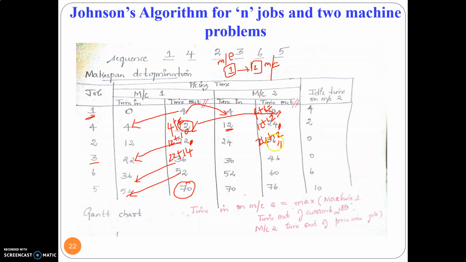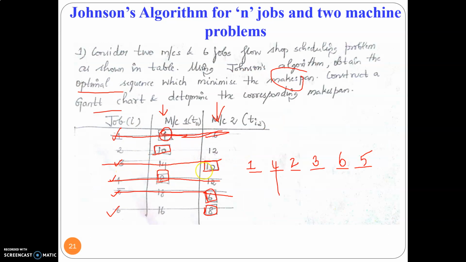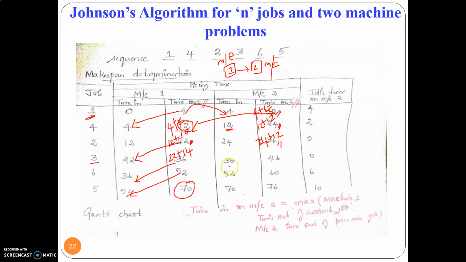So mission 2 is free at the end of the 36th minute. Okay, and at the end of the 36th minute, the next job, that is job 3, is also available after being processed in mission 1. So these two are the same, so I am writing 36. And job 3 takes 10 minutes to be processed in mission 2. So 36 plus 10, 46.